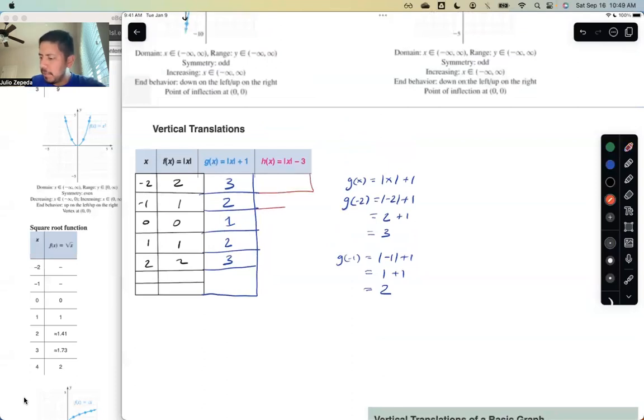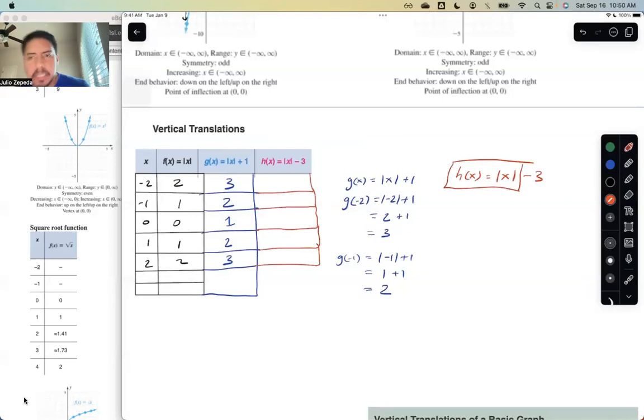What would these values be for h of x? h of x is defined to be the absolute value of x minus 3. So it's going to have the same values as f of x, the absolute value function, but minus 3. They're going to be 3 less.